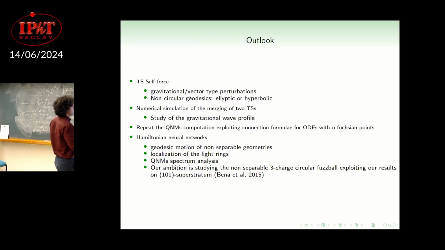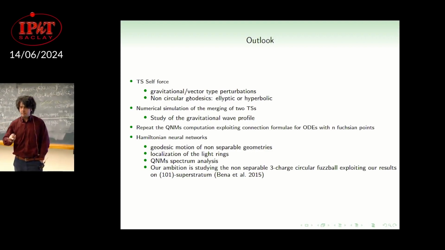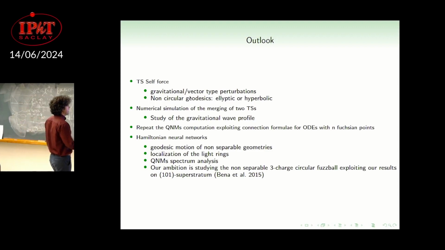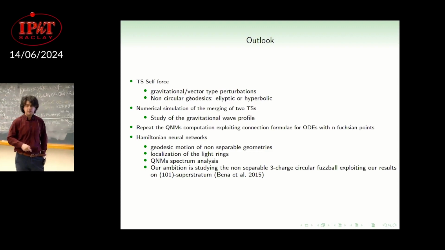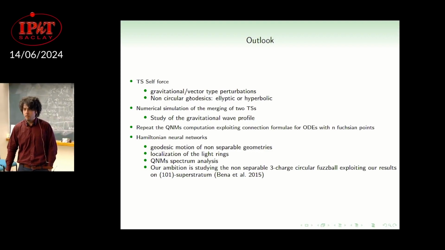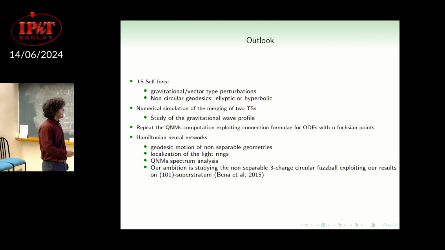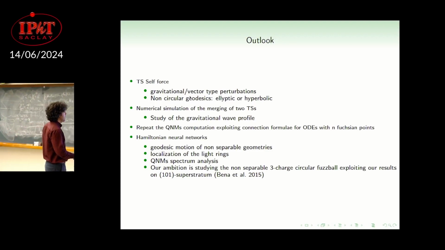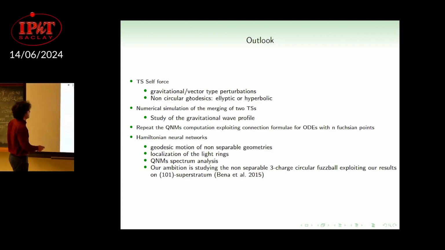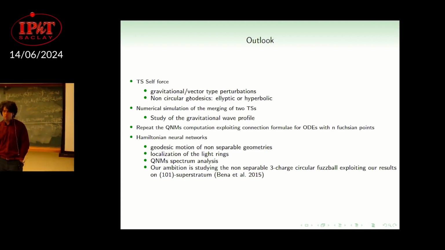Another project that we are following, but is in an embryonic state, is to try to use a neural network in order to say something about the geodesic motion of non-separable geometries, and try to localize the light rings. When we know information about the position of the light rings, we can say something about quasi-normal modes.